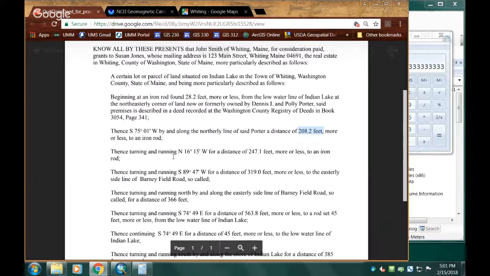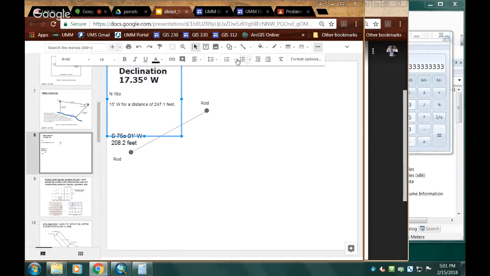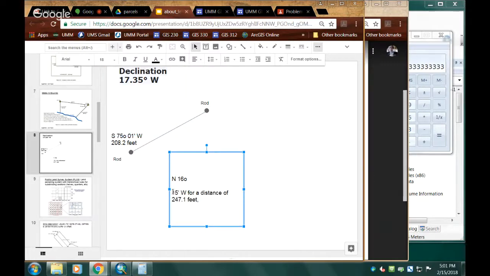Next, from there, we turn north and west, roughly 16 degrees for 247 feet, more or less. Grab that little piece there so I can paste it right into my drawing. So there's my next set of meets.